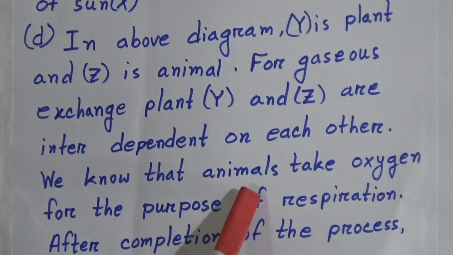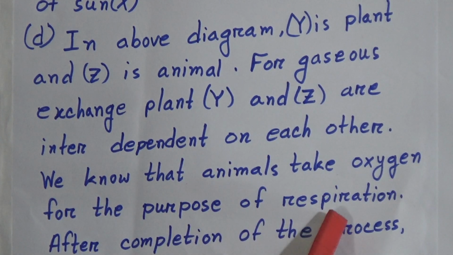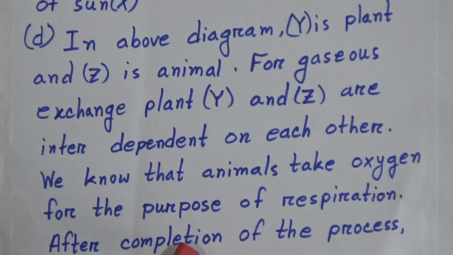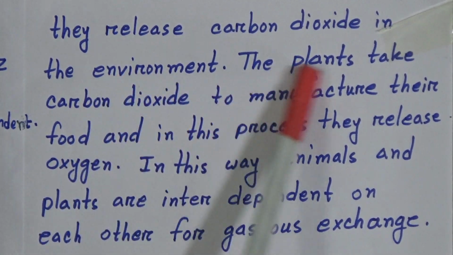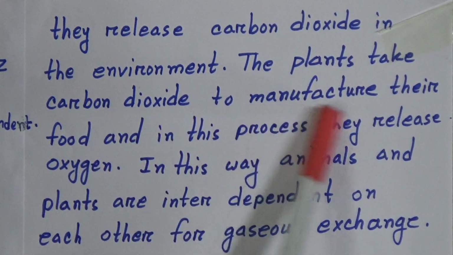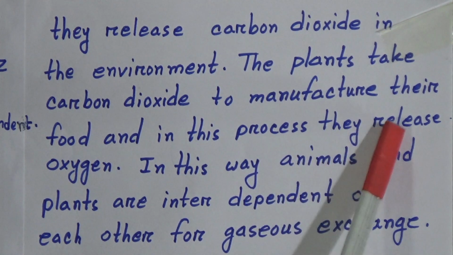We know that animals take oxygen for the purpose of respiration. After completion of this process, they release carbon dioxide in the environment. The plants take carbon dioxide to manufacture their food, and in this process, they release oxygen.